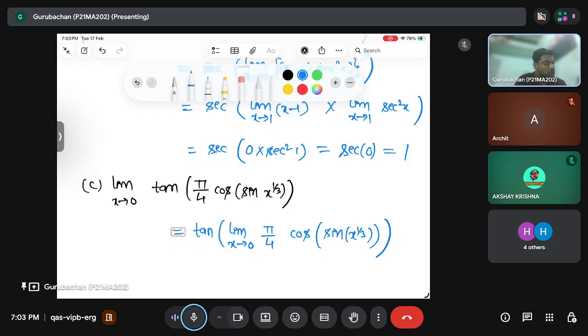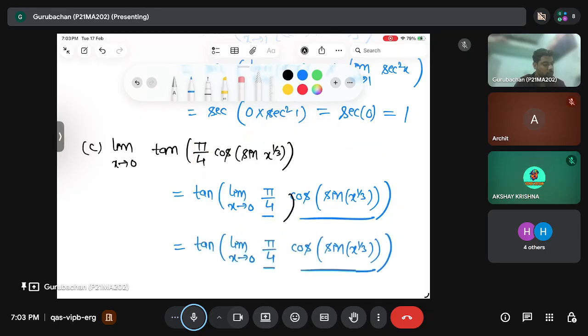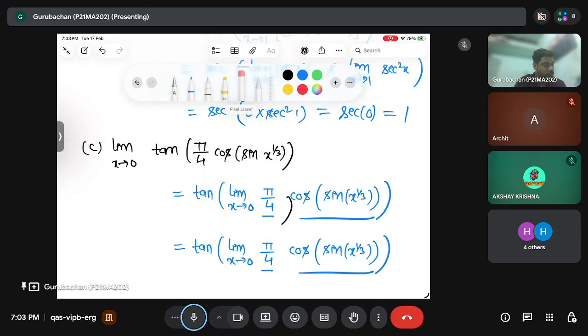So this is a kind of constant times a function. So by algebra of continuity, what can you write? Again split, or you can take out this pi by 4.